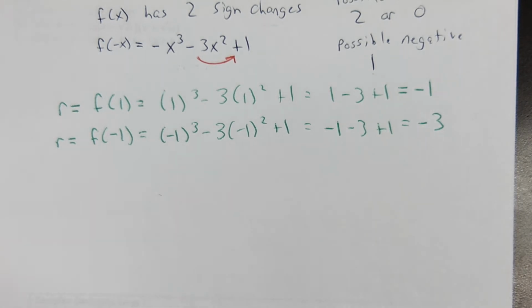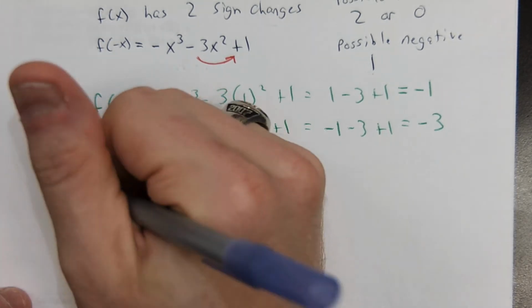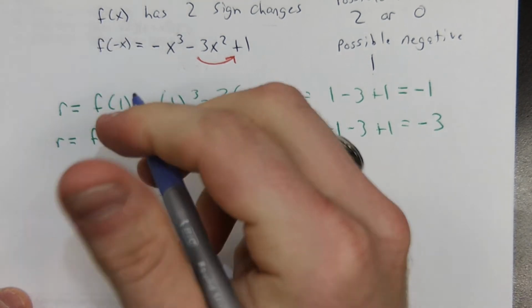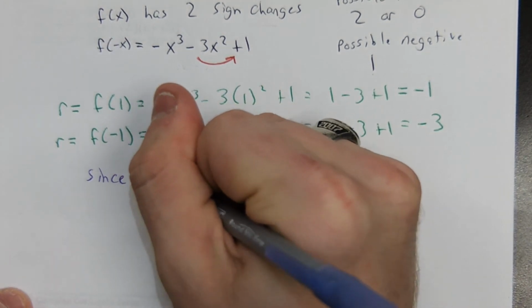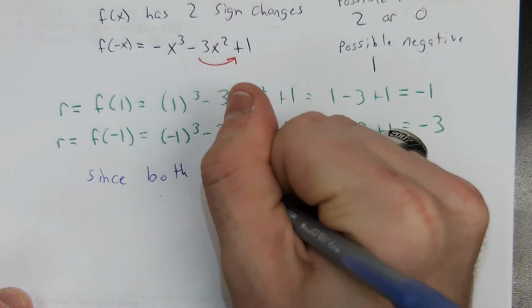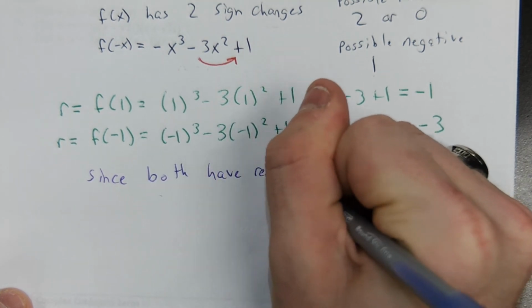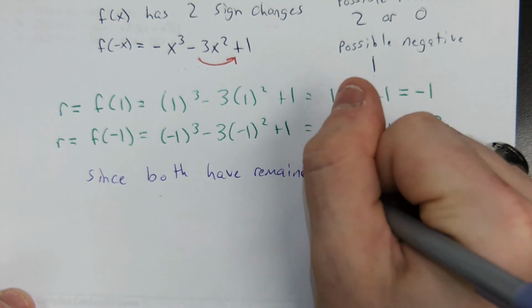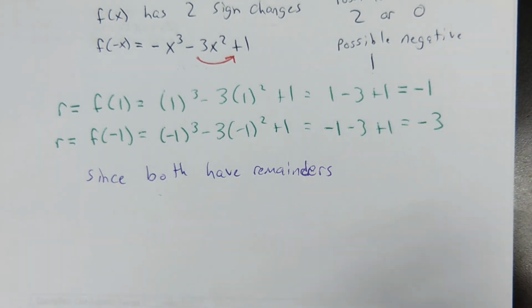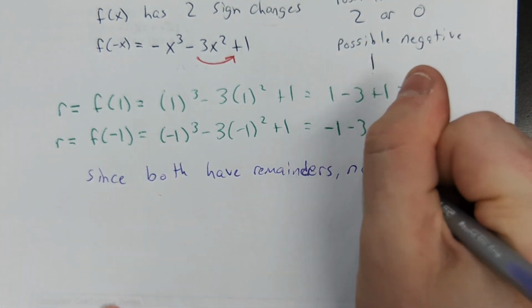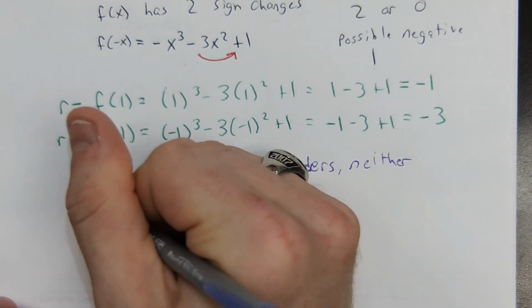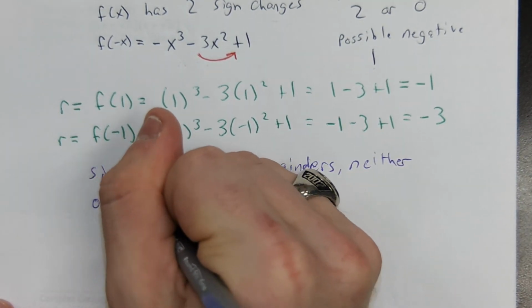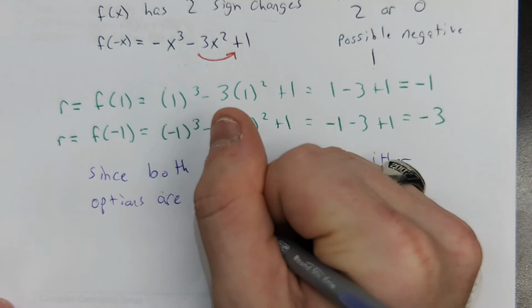Let me pick a different color. Purple feels good. Since both have remainders, neither option is a zero. Let's say x-intercepts.